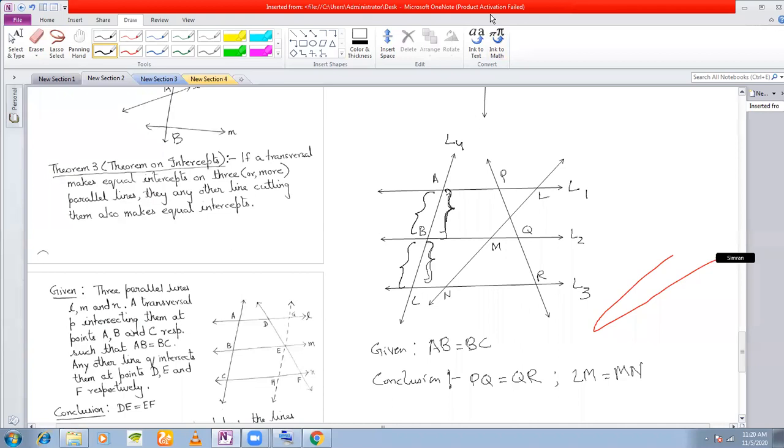Then you can conclude that any other transversal that intersects these three straight lines, say if I draw a line L5, then PQ must be equal to QR. Or if I draw a line L6 like this, then LM must be equal to MN. You need only one straight line. If one straight line makes equal intercepts, then any other straight line that you draw will make equal intercepts. That is the point here.